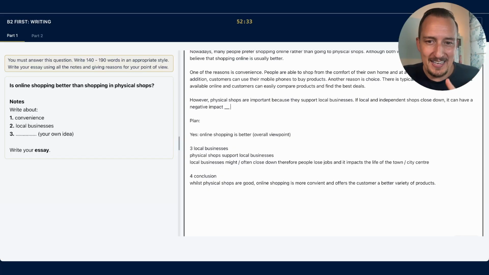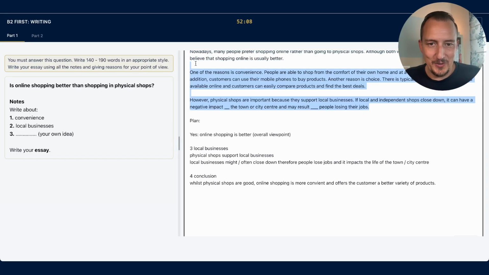It can have a negative impact on the town or city centre and may result, the preposition for you, people losing their jobs.